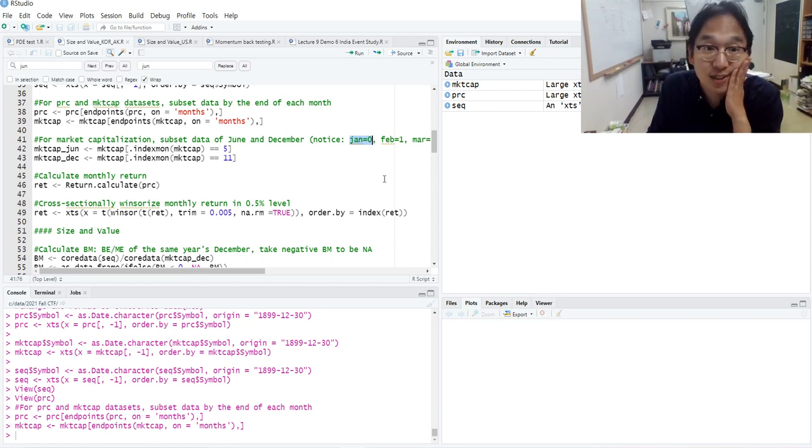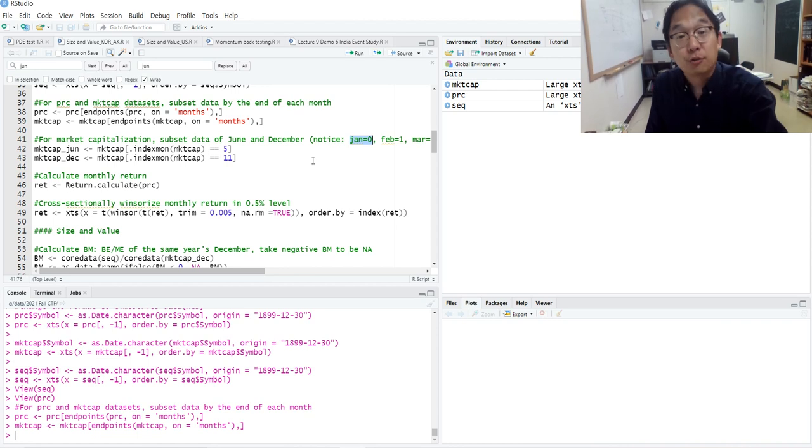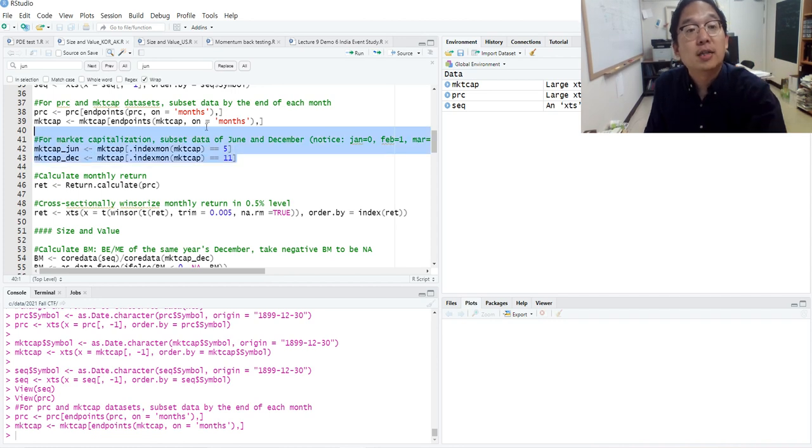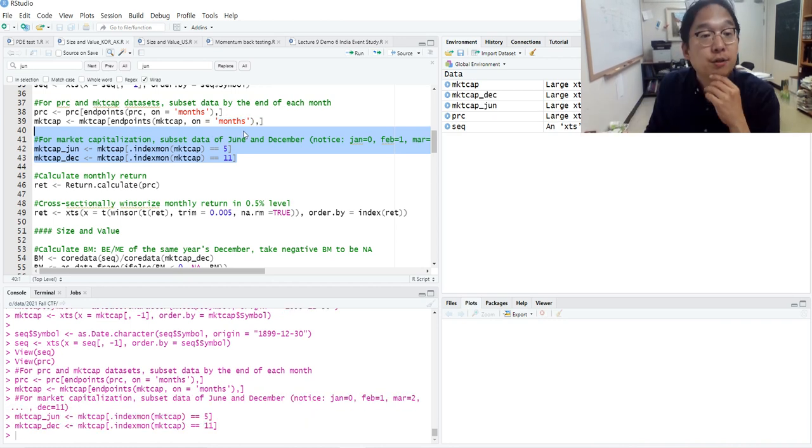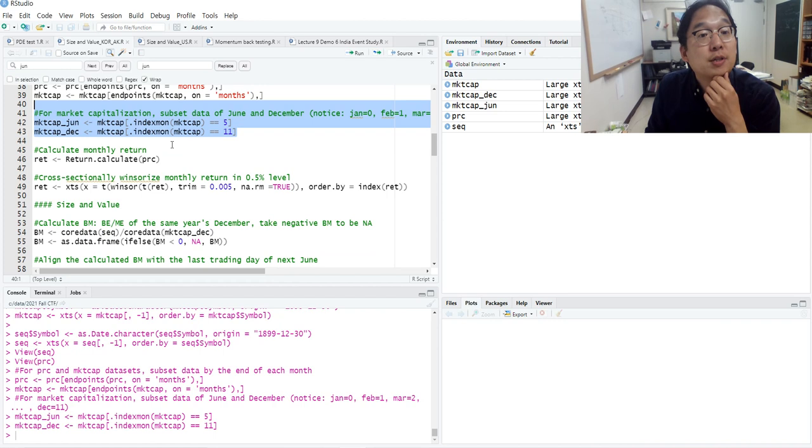But Koreans, we are not used to it. But anyway, so what we need is 5 and 11 as June and December, right? We label that data like that and then enter it. Calculate monthly return.